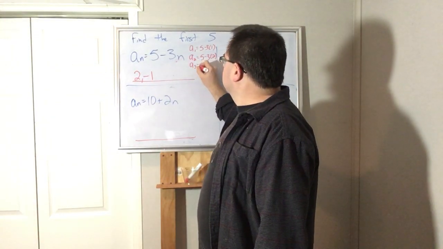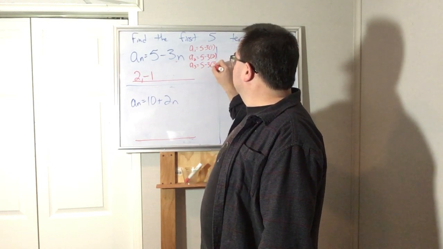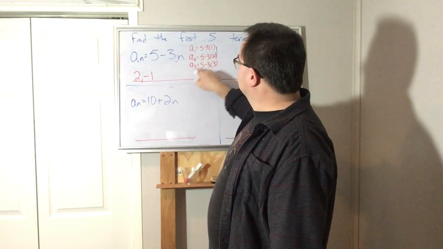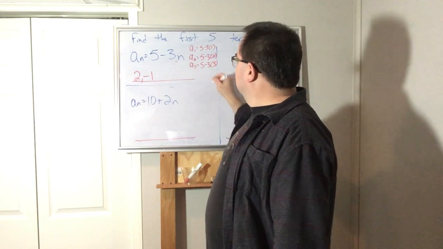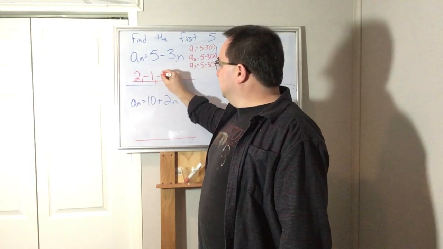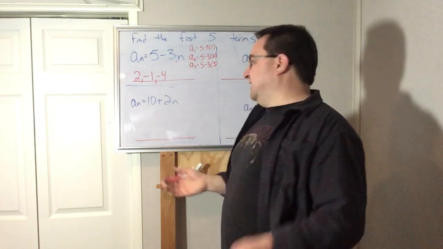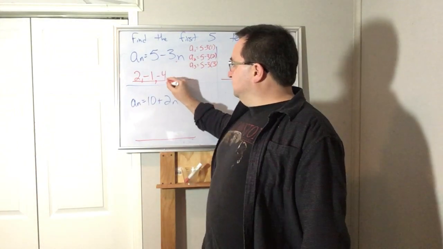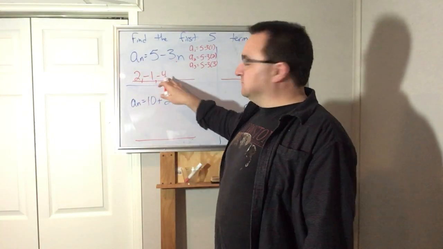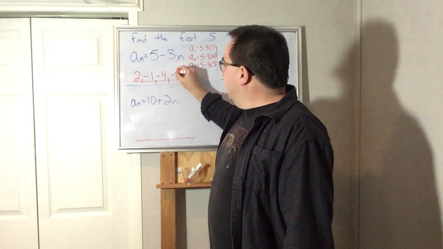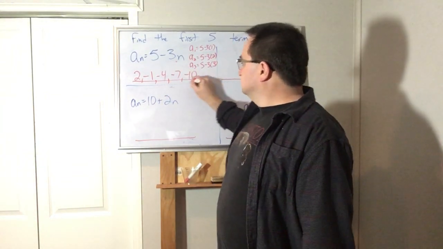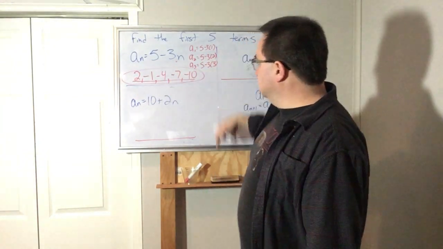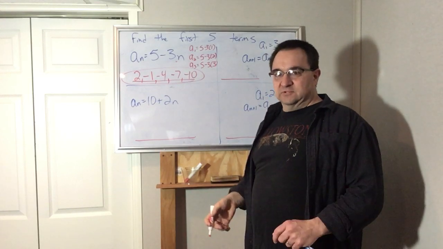The third term would be 5 minus 3 times 3. See? 1, 1, 2, 2, 3, 3, n, n. That'd be 5 minus 9 is negative 4. Once you see what the pattern is, see how you're taking away 3, I would just do this. But you could calculate them. We'll get the same numbers.